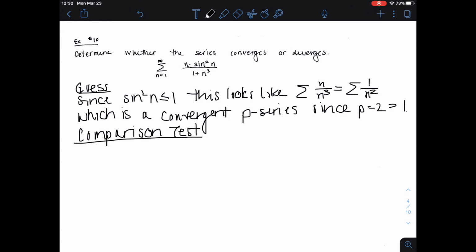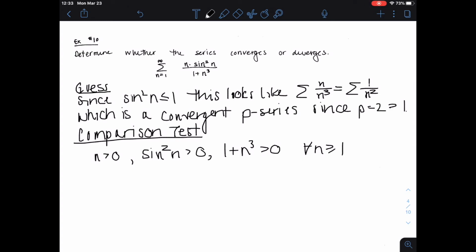All right. So we need to make sure that everything is positive. So n is greater than 0. Sine squared of n is positive because it's sine squared. And then 1 plus n cubed is also positive for all n greater than or equal to 1.